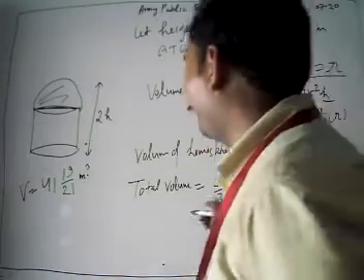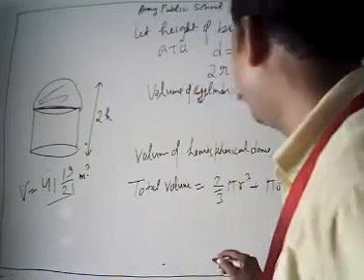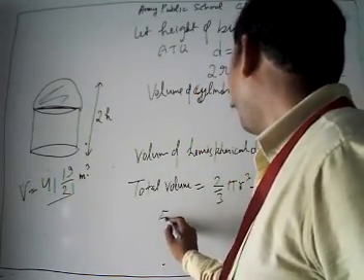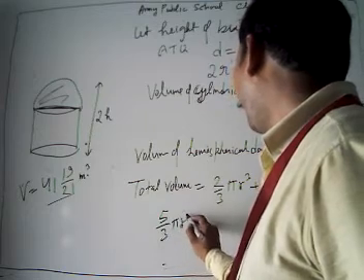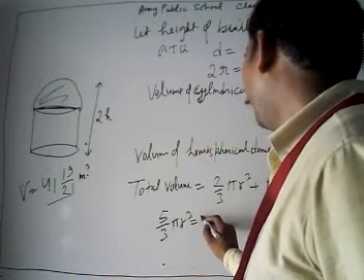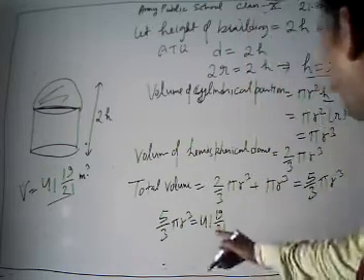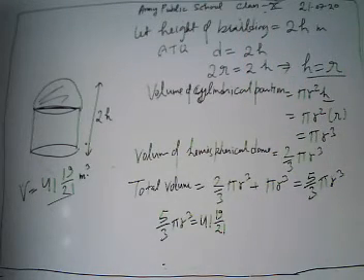Now in the problem it is given that the volume equals 41 whole 19 upon 21. Then 5 by 3 pi r cube is equal to 41 whole 19 upon 21. Then we have to calculate this. 41 into 21 is 861, plus 19.